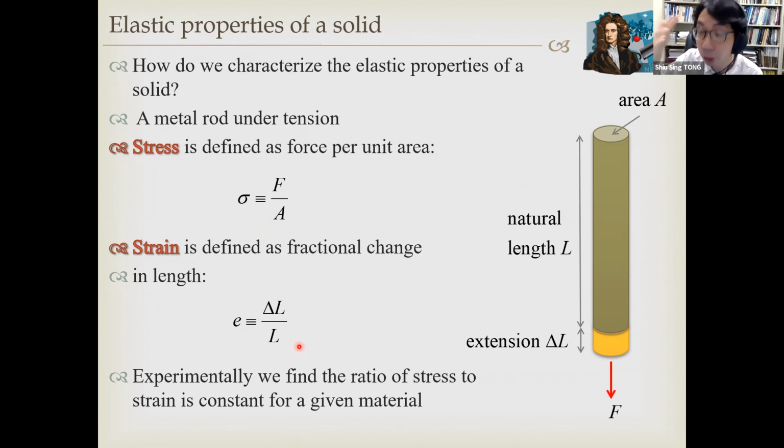They are proportional to each other. If you apply a larger stress, the wire will have a larger fractional change in length. So stress is proportional to strain, and that ratio is constant for a given material.